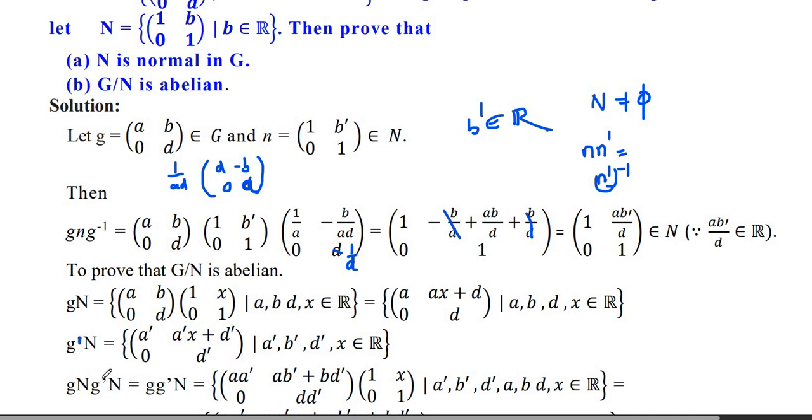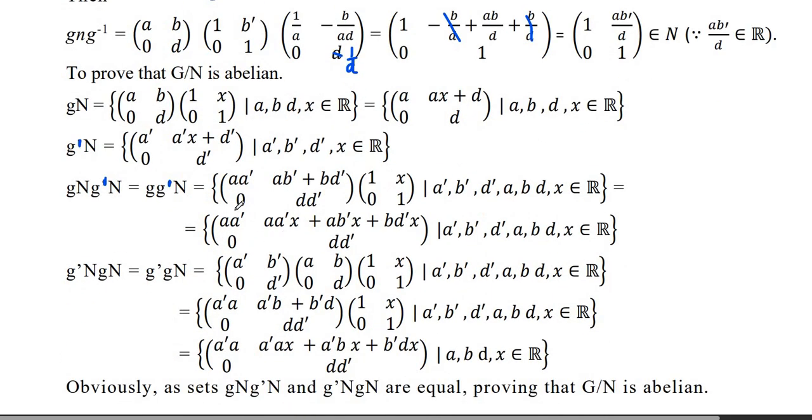So when we consider the product of gN with g prime N, then this is what we get. And similarly, when you consider g prime N gN, which is the same as g prime gN, so this is what we get. This on simplification gives you this.